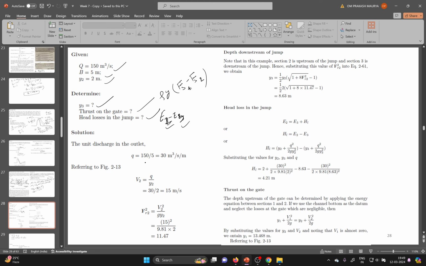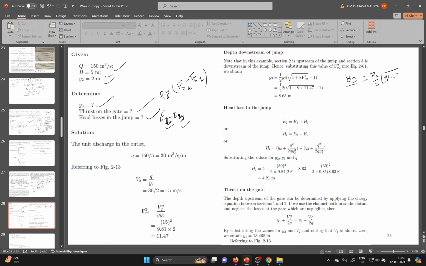So here Q is like that, and the simple calculation is this. Here we need y3. So for y3 what do we do? For y3, y3 is equal to y2 by 2 times minus 1 plus root of 1 plus 8 Fr2 square.